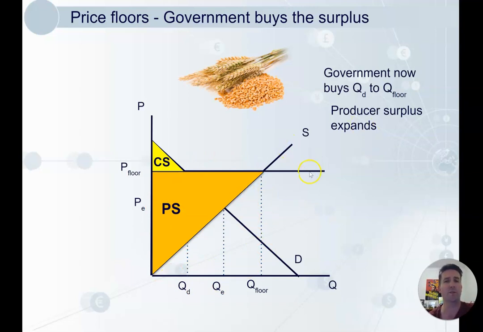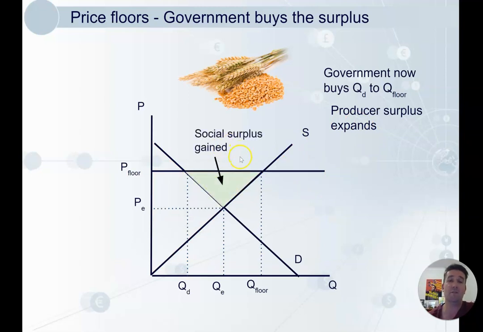That's why we get producer surplus expanding. We see that this triangle here is social surplus that is gained. In a free market, that would be consumer surplus and producer surplus down there. Now we've got this extra bit, which is social surplus. That sounds great, right? Then we realize how that extra social surplus is gained.